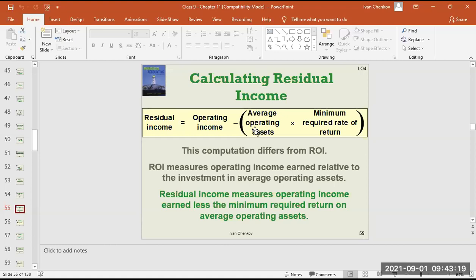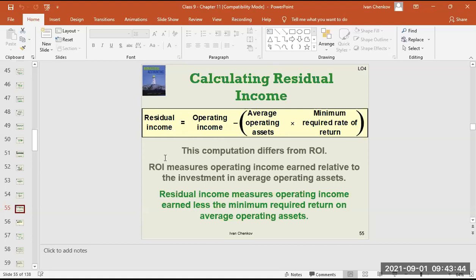At the end of the year, you have $1,120. Sorry, in this case we have to eliminate the principal. So your operating income is $120, and you're expecting to have only $100. So the difference is $20, and $20 is your residual.